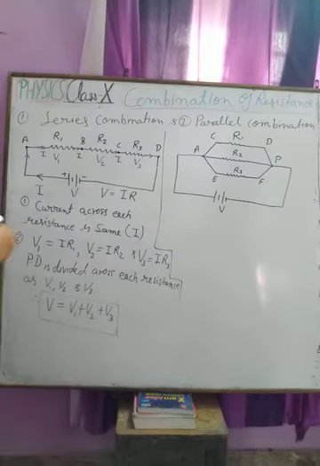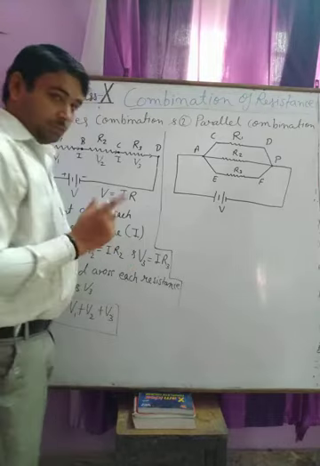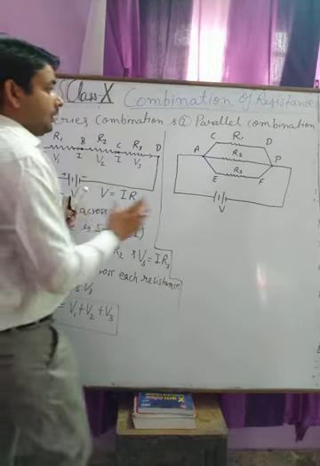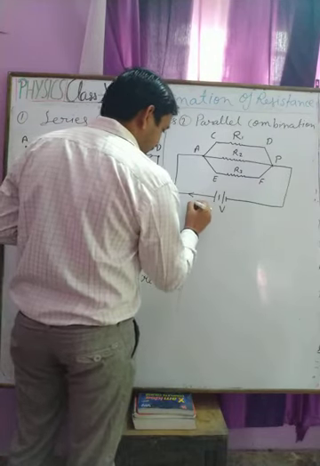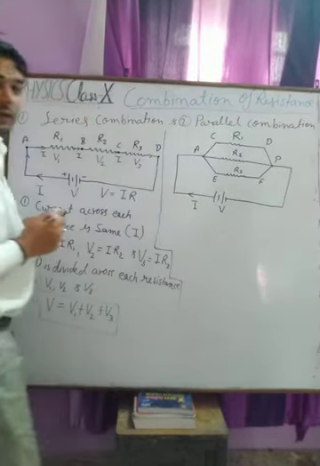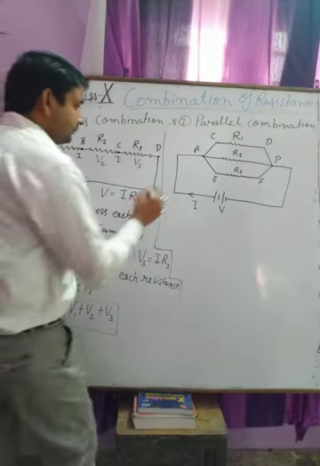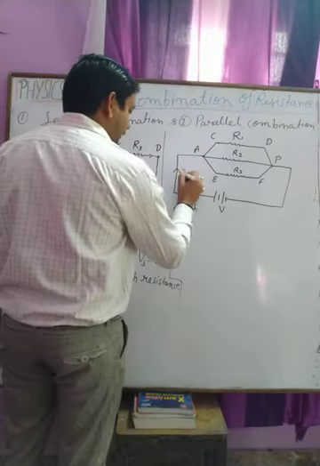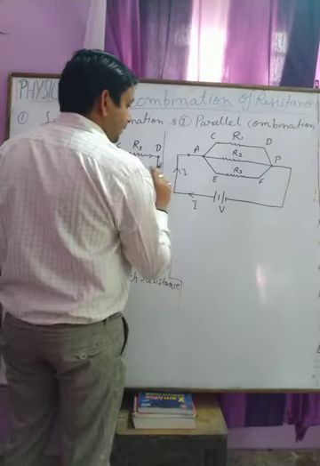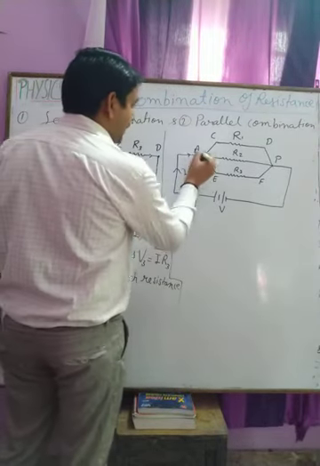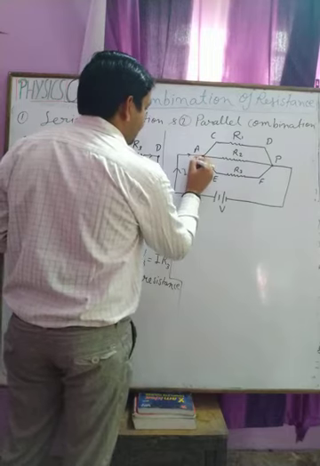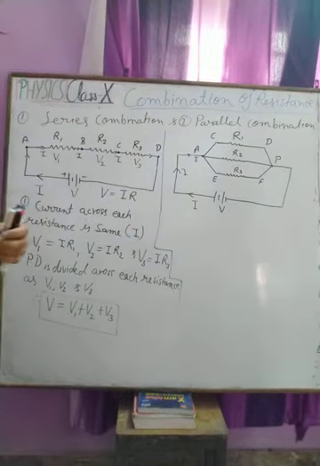Okay. Now similarly, when the circuit is closed, the current is drawn from the battery. Let it be I. This current I flows through the circuit till it reaches point A. Up to here it has current I. Clear student?